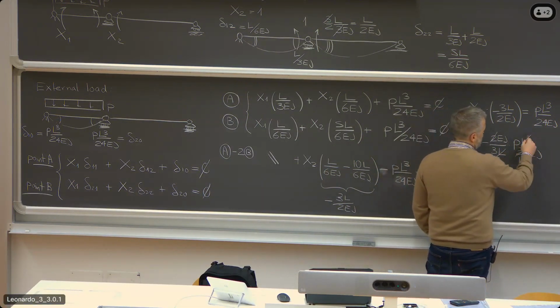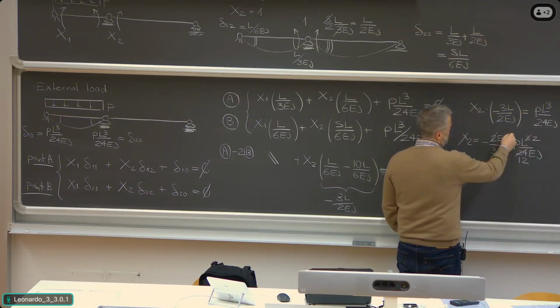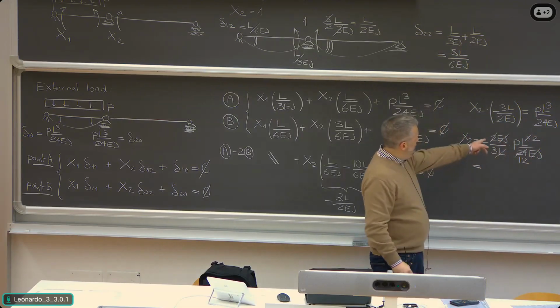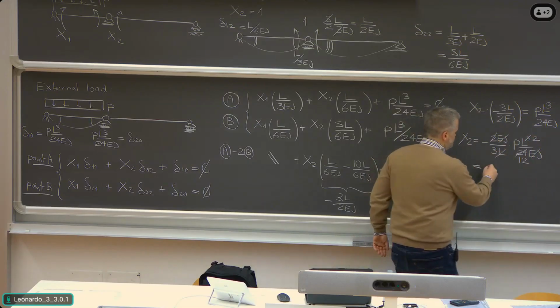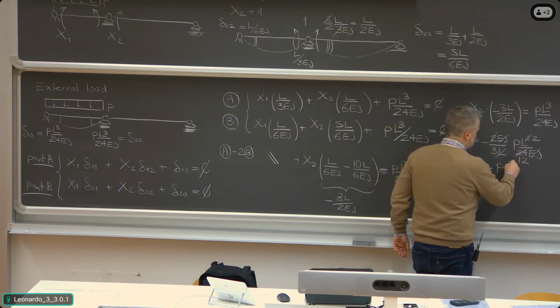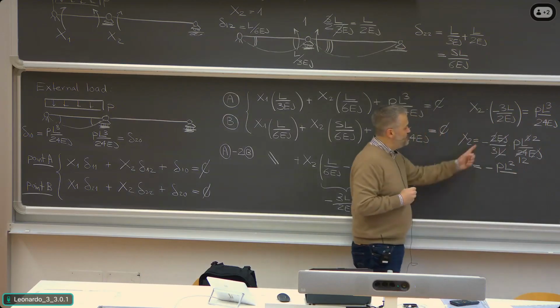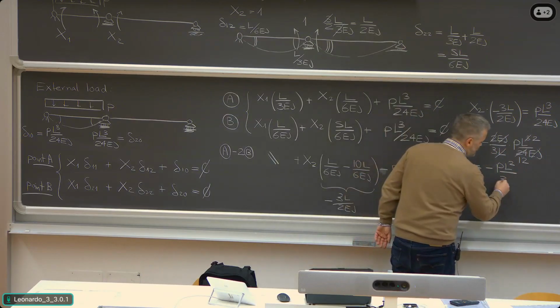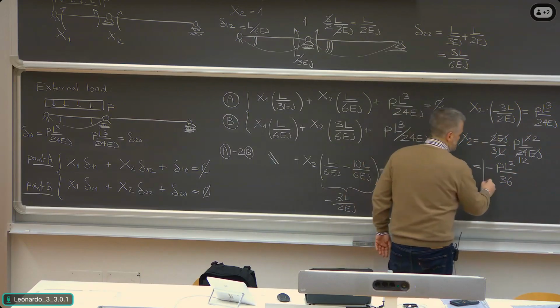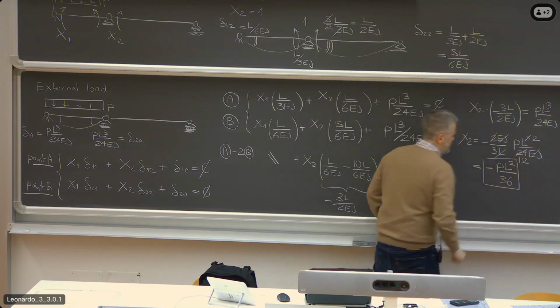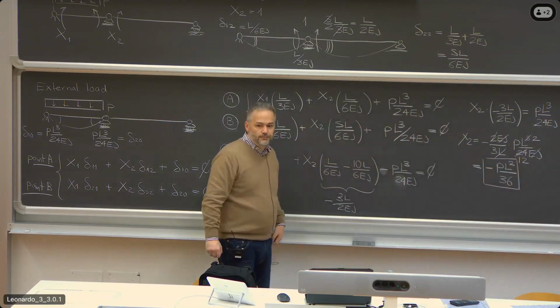L goes away with L, which becomes squared. EJ, EJ. The final result is minus PL squared divided by 3 times 12, which is 36. Okay? This is the value of x2.